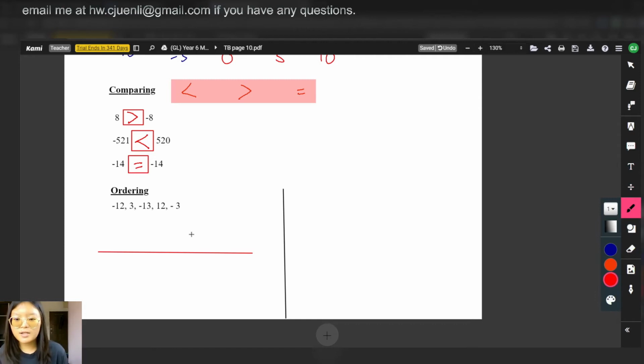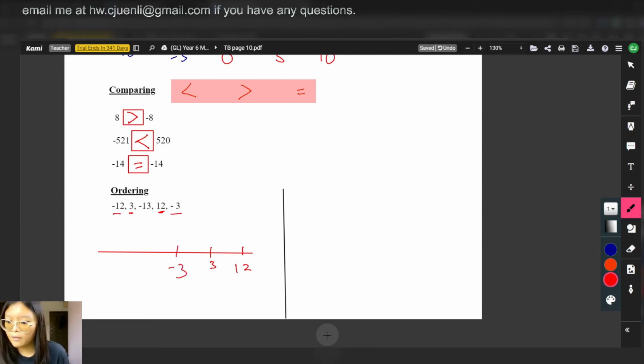We can actually start with the positive numbers. So positive, the biggest number would be 12. Let's put here 12. The second positive number would be 3, right? So over here, what's the next smaller number? Not really the smallest, but what's the next smaller number? The smaller number would be negative 3.